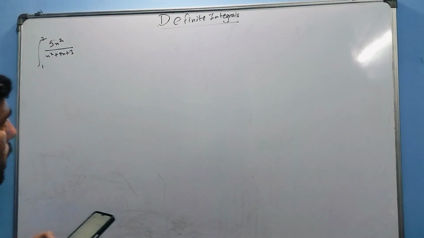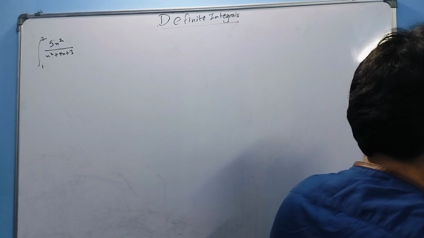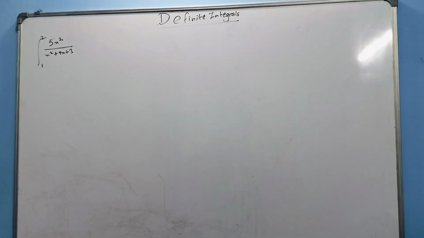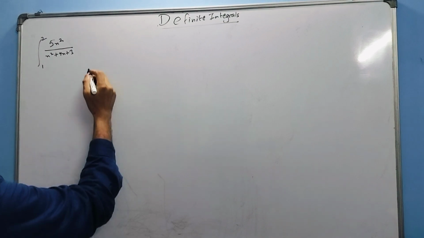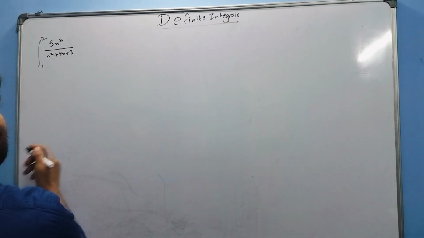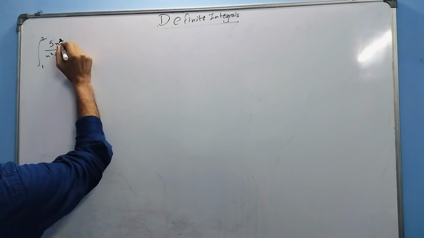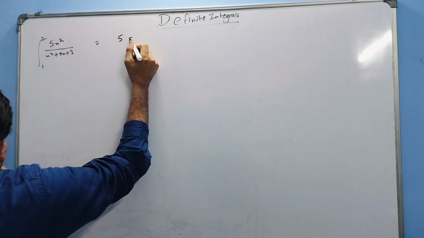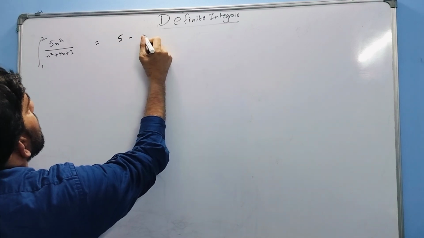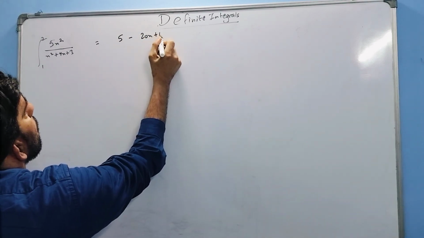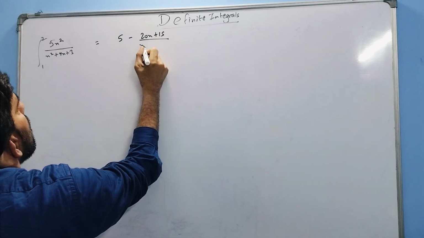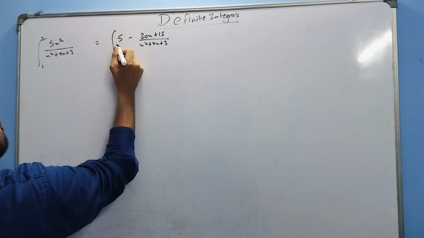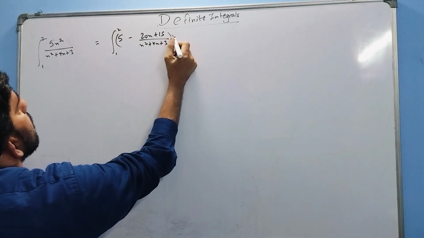Let us try to solve such kind of numerical. We can divide 5x² by this denominator, so I will get 5 minus (20x + 15) upon x² + 4x + 3. Okay, so now we have this with respect to dx.